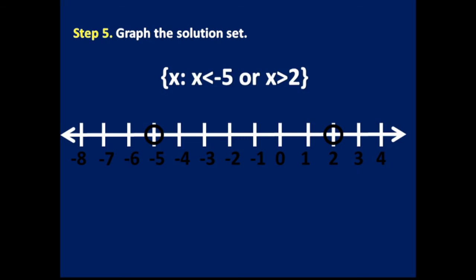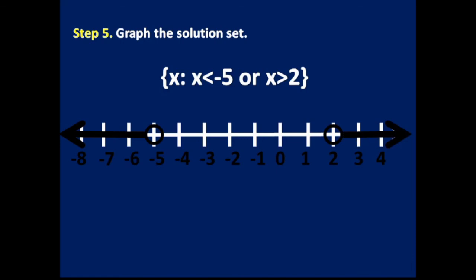The numbers less than negative 5 are located on the left side of negative 5. For the interval x is greater than 2, the numbers greater than 2 are located on the right side of 2.